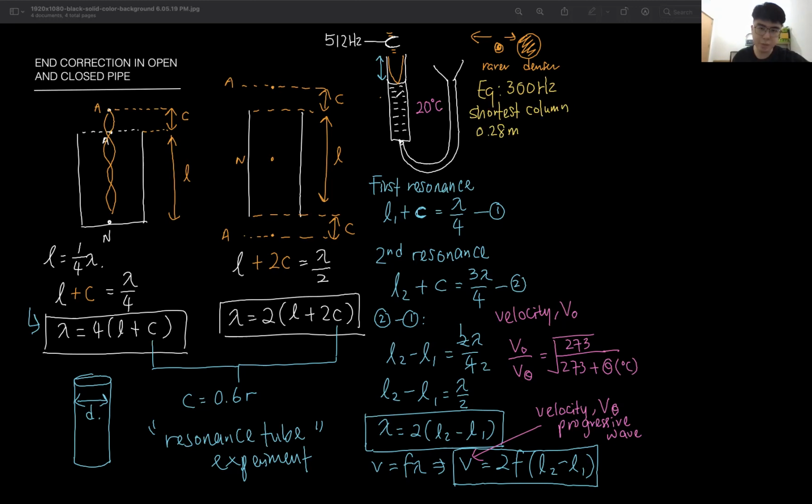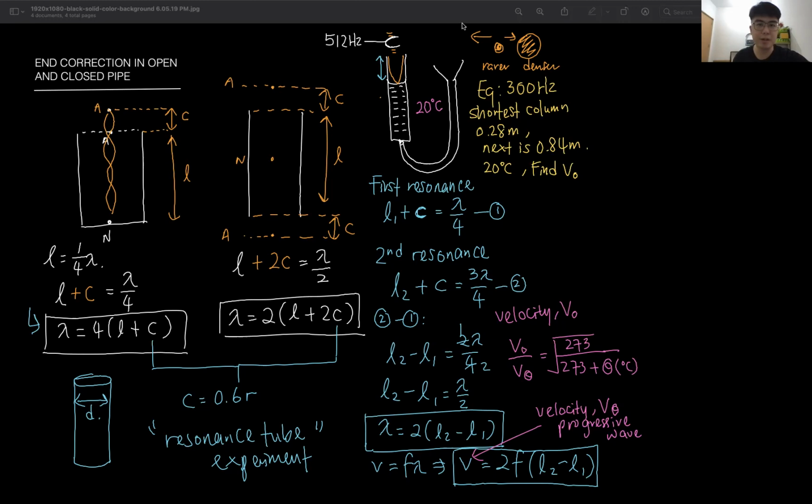Then he continues to lower the water level. He hears the next one, at 0.84 meter. Considering he's doing the experiment at room temperature, about 20 degrees Celsius, find the velocity V naught at ice point.